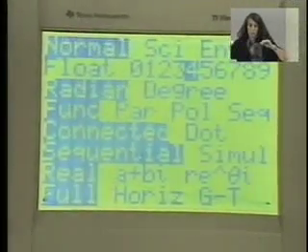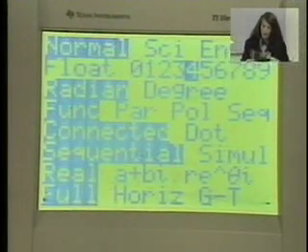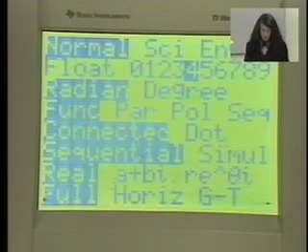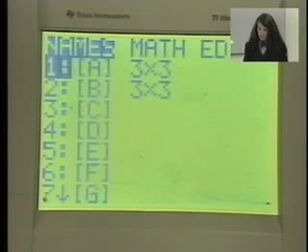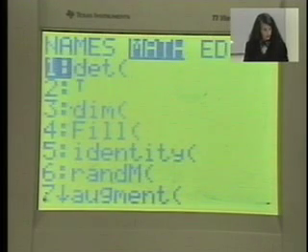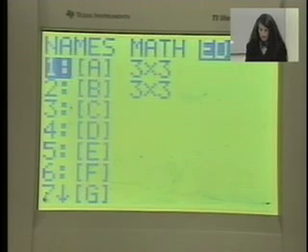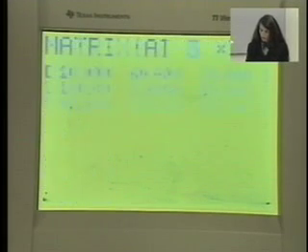Some of you may know about matrices, and some of you may not. Press that key, and then arrow over to Math, and then arrow over to Edit. We arrow over to Edit, and we press enter.